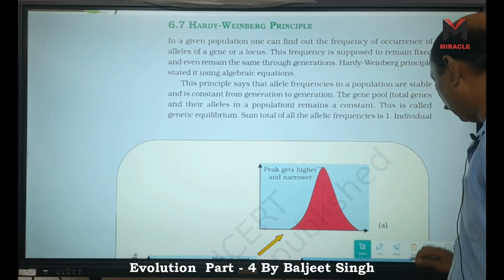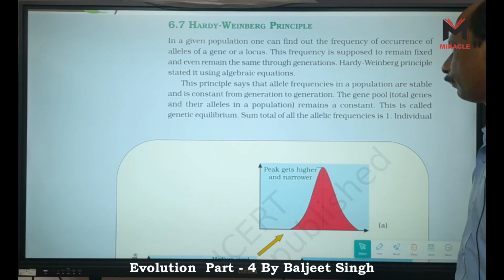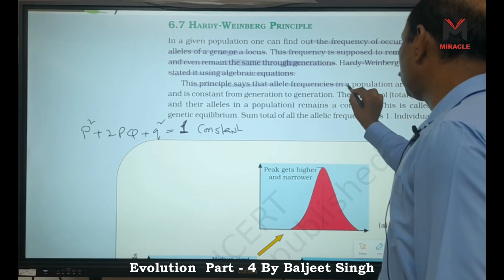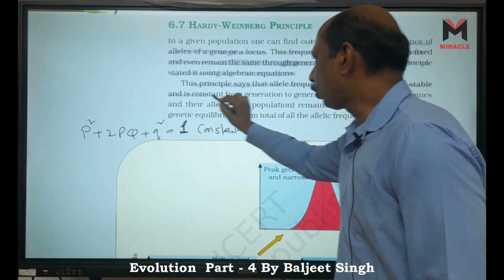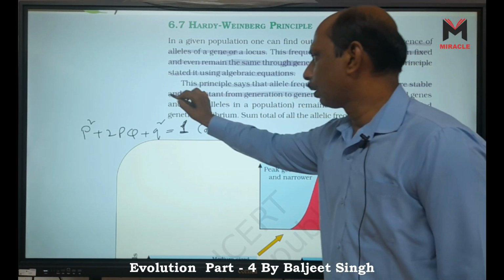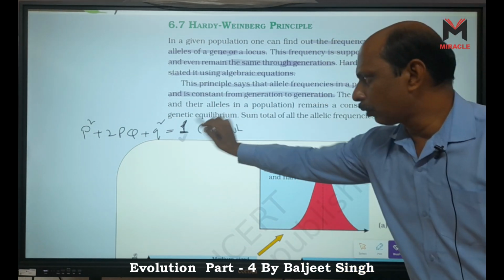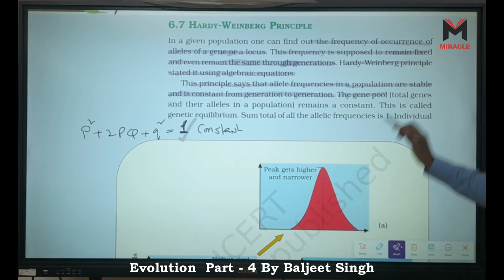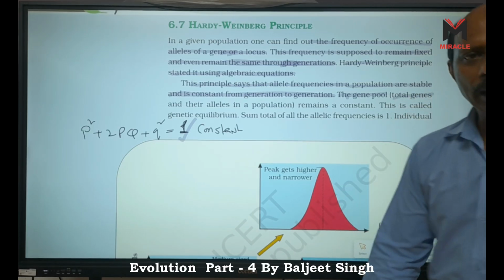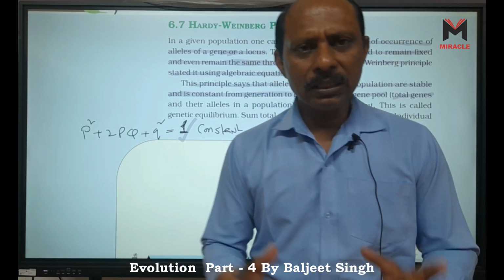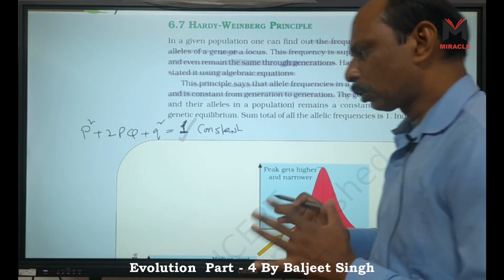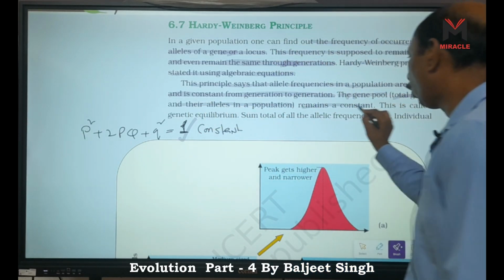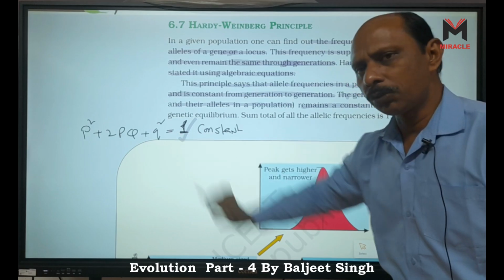This principle says that allele frequencies in a population are stable and constant from generation to generation. Right? The sum is equal to 1. The gene pool means total genes and their alleles in a population. Total genes and their alleles in a population is called the gene pool, and it remains constant in a population. Constant means always equal to 1.